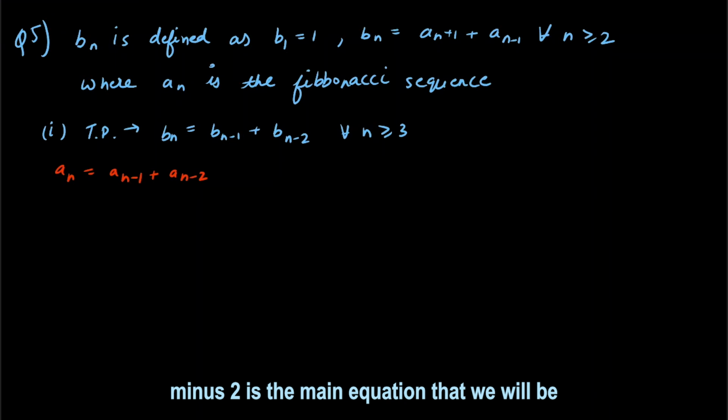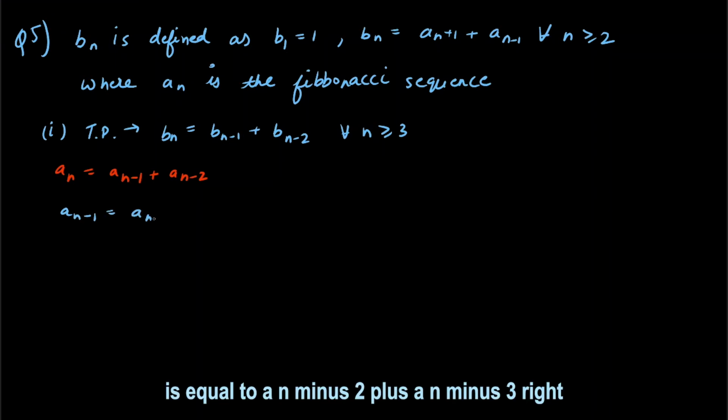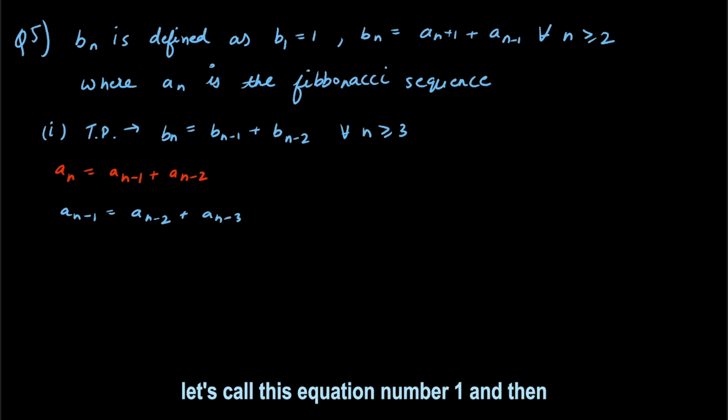This is the main equation that we'll be using. So from this, we can say that An minus 1 is equal to An minus 2 plus An minus 3, right? Let's call this equation number 1.